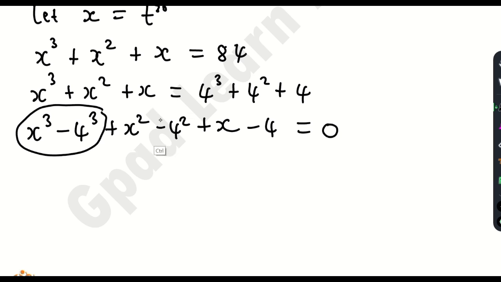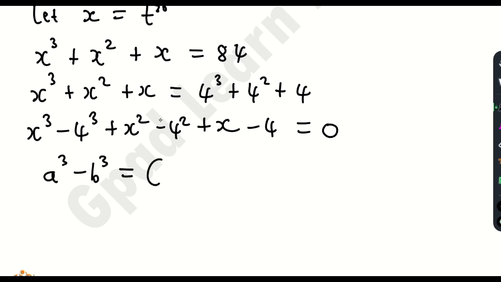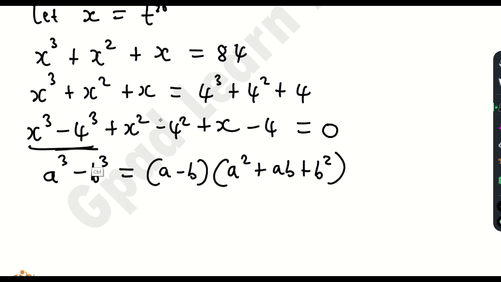Now I'm going to use algebraic identity here and here. Okay, so let's start with the first one. This is x cubed minus 4 cubed. If you have a raised to power 3 minus b raised to power 3, one of the algebraic identities, this will become a minus b, and then a squared plus ab plus b squared. So that's exactly what I'm going to be doing with this x cubed minus 4 cubed. So I'm going to have it like this, x minus 4.